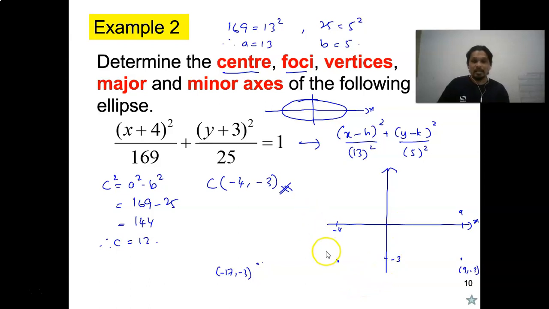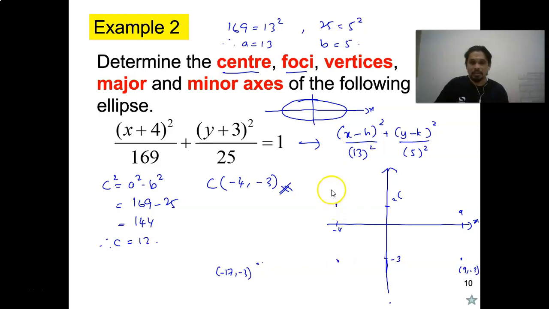Then next, from negative 3, b equals 5. So from negative 3, we go 5 units upward, negative 3 plus 5 is 2, and then negative 3 minus 5 is negative 8. From the center, move 5 units upward.